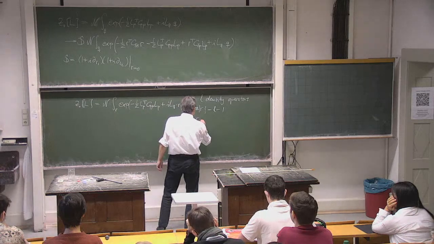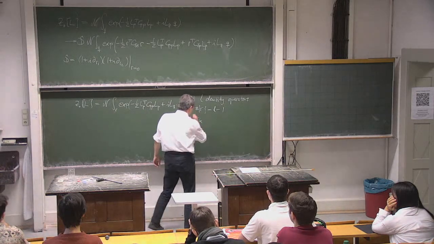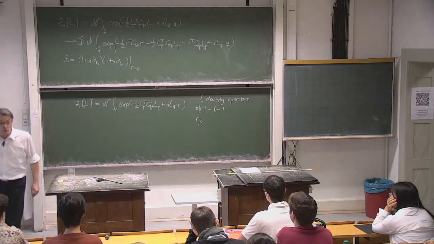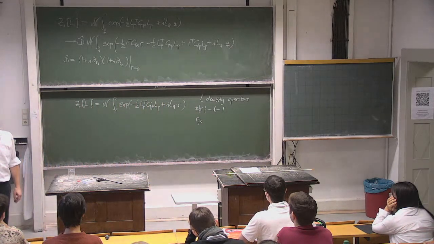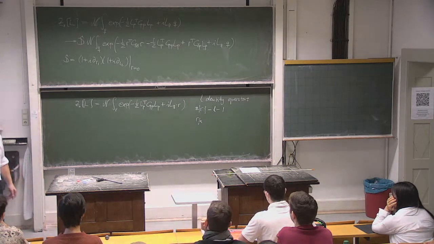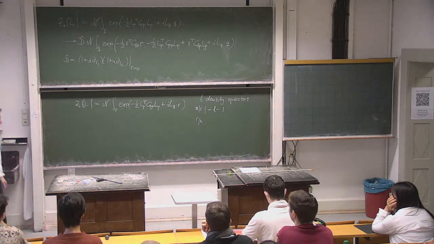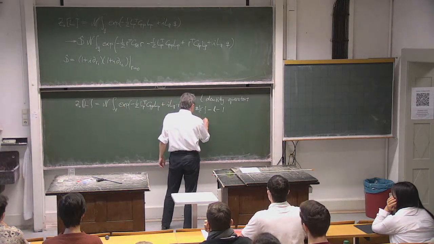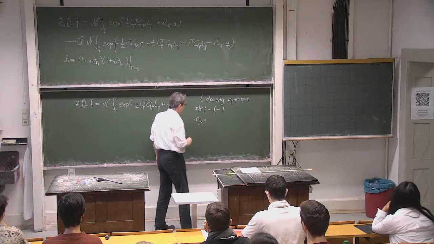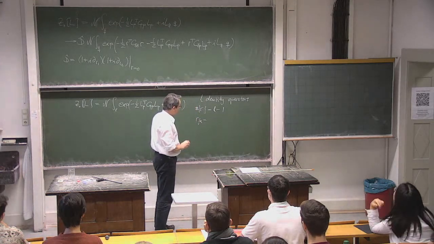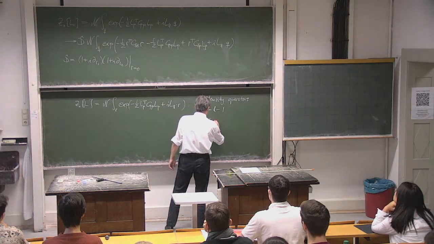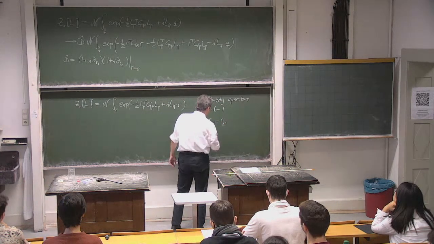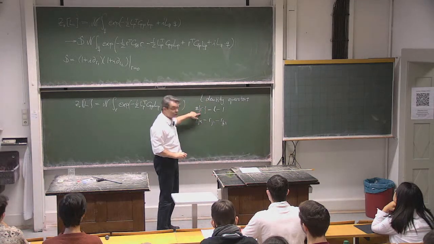So suppose I introduce coordinate differences between all particle pairs. I call them R_JK, coordinate difference between particle J and K. I can construct them, of course, from the previous ones.